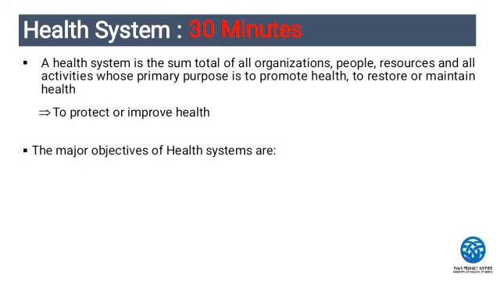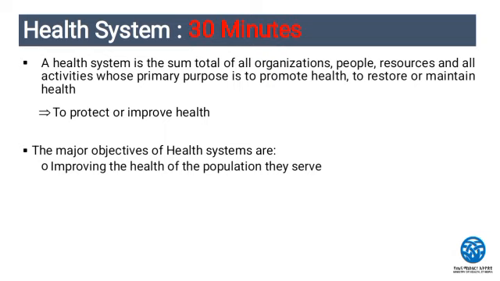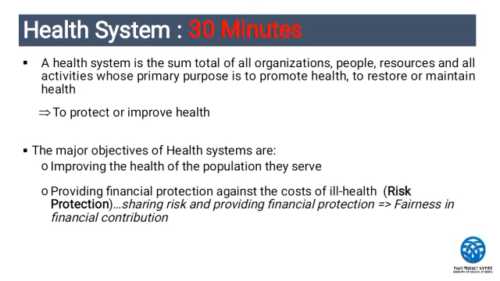The major objectives of health systems are improving the health of the population they serve, providing financial protection against the costs of ill health or risk protection, sharing risk and providing financial protection, fairness in financial contribution, improving health system confidence.